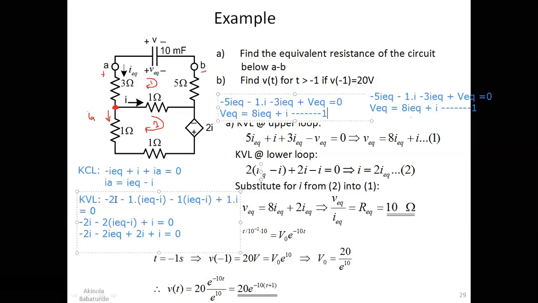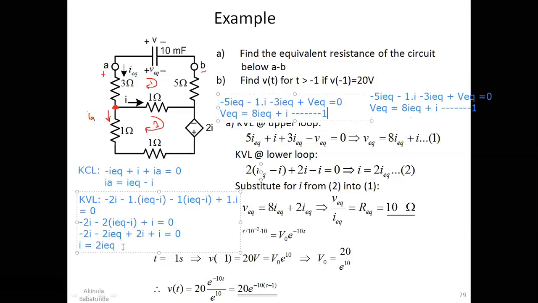Okay, so what is going on here? If you rearrange, you will find out that this minus 2I will cancel this 2I. So what you're going to be left with is minus 2IEQ plus I. So you can easily say that your I would be equal to 2IEQ.